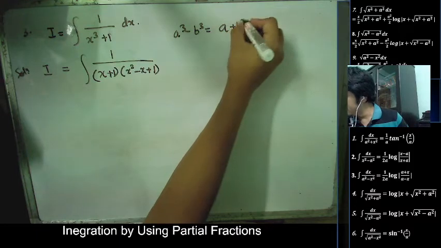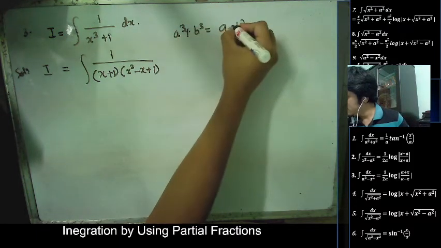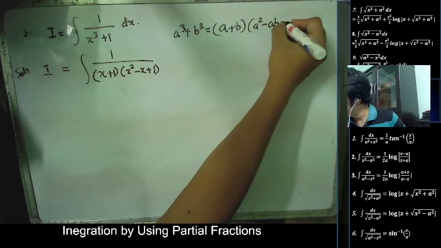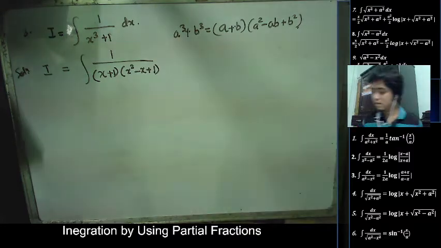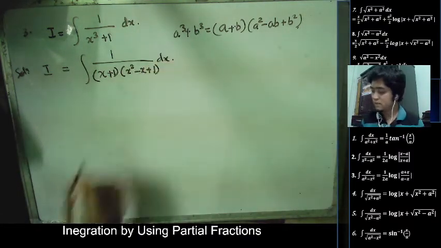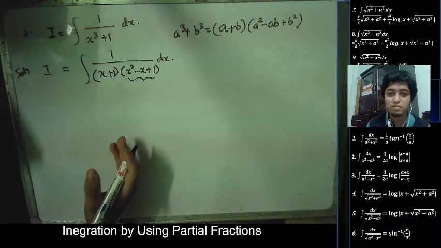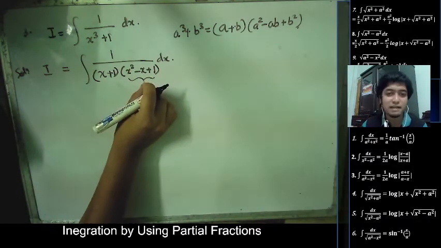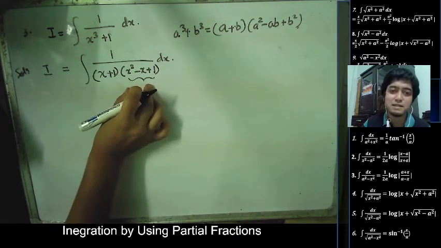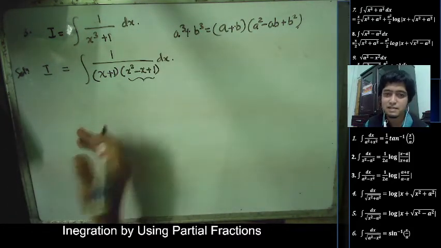If you don't remember, a cube plus b cube is a plus b, a squared minus ab plus b squared. So that is what I've written over here, dx. This one we cannot factorize anymore. Before we could factorize it, but now we can no longer do it, so we will leave it as it is. If you can still factorize it, then do factorize.